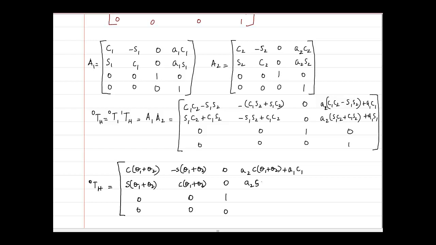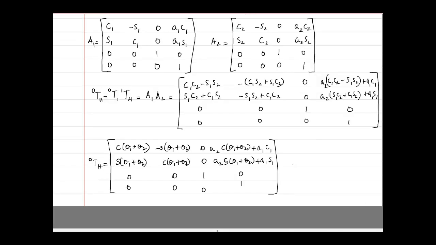This is going to be sine of theta 1 plus theta 2 plus a1 sine 1, 0 1. The same thing can be written in very short form.